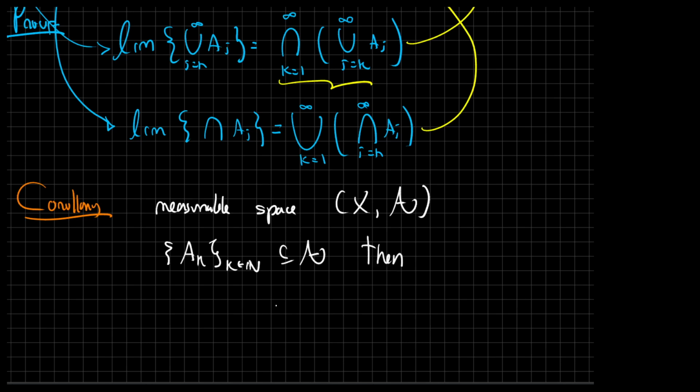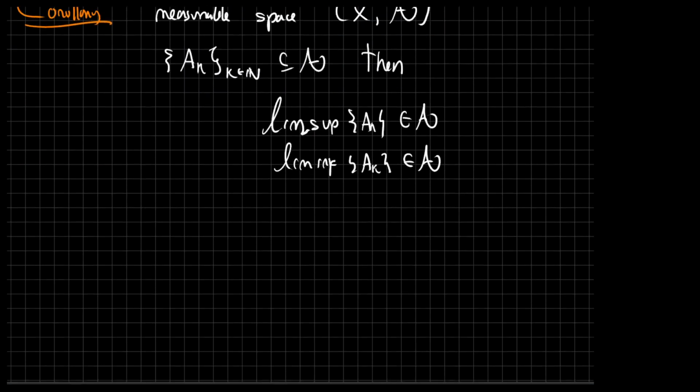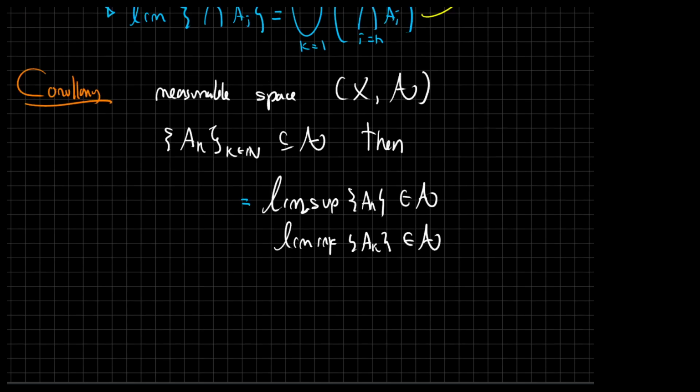Then the limit of the supremum and the limit of the infimum of this family, which is arbitrary, is an element of the sigma algebra. And why is that? Well, it is kind of obvious, because the limit of the supremum is the intersection of unions, like this.